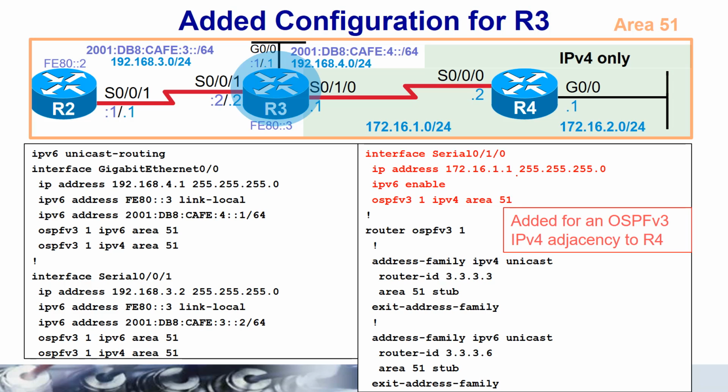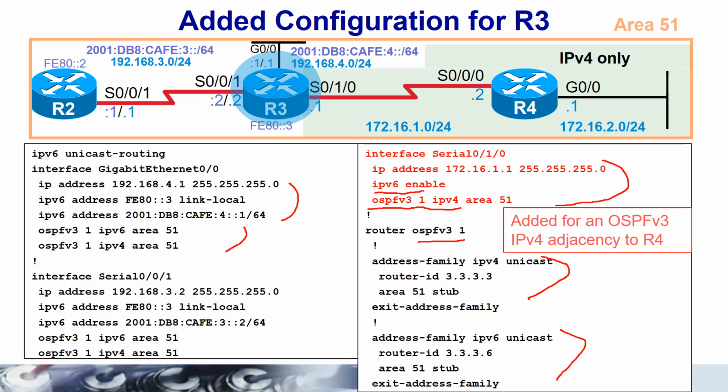So again, let's go and look at our big picture again, R2, R3, and R4. Again, our addresses, our areas. Here are our different instances. Here's OSPF for IPv4, for IPv6. Here we have again the other interface with IPv4 and OSPF just for IPv4.